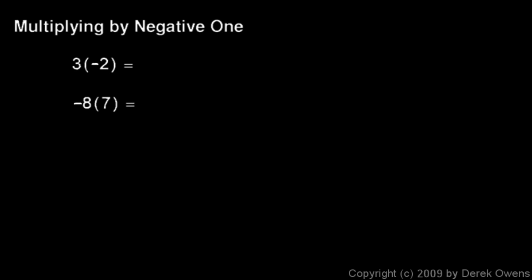We need to also understand multiplication by negative 1. This 3 times negative 2 would be the same as having a negative 1 times 3 times 2. And you should be able to see that that's a negative 6. Notice that 3 times 2 gives me a 6, and this negative sign persists to the answer.